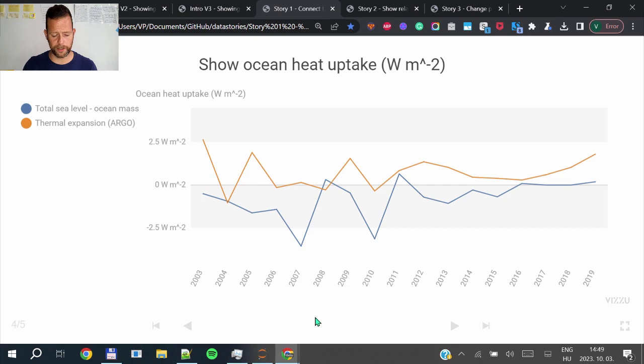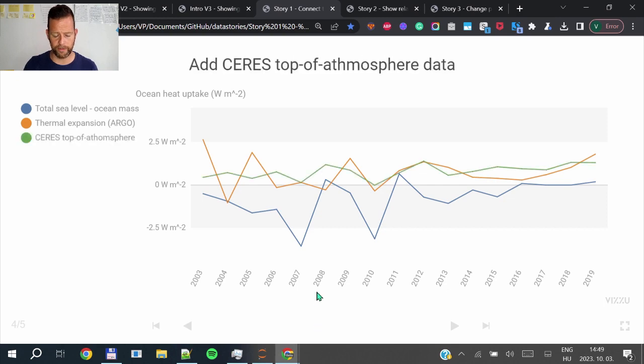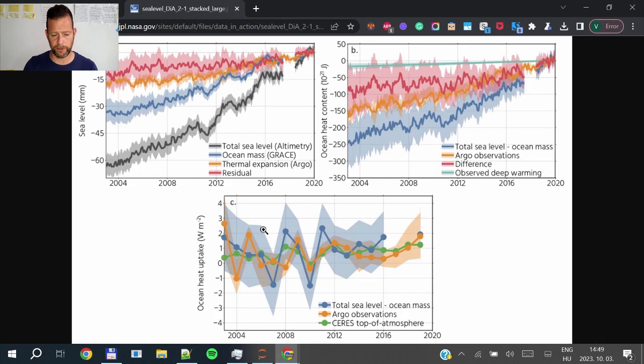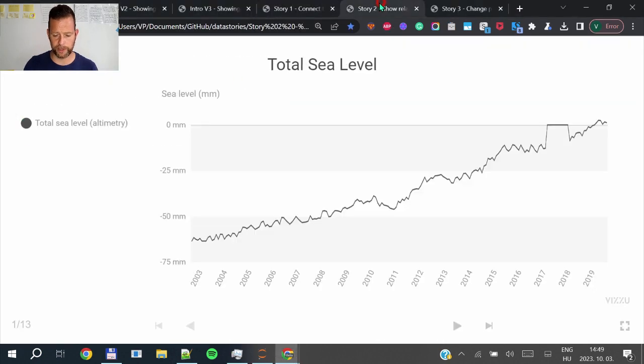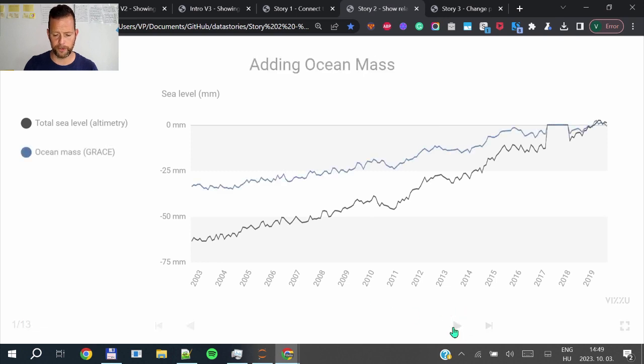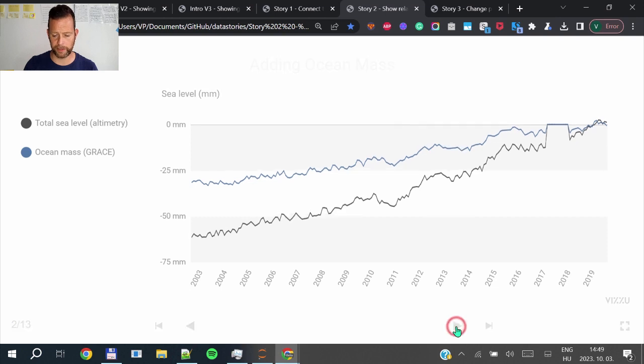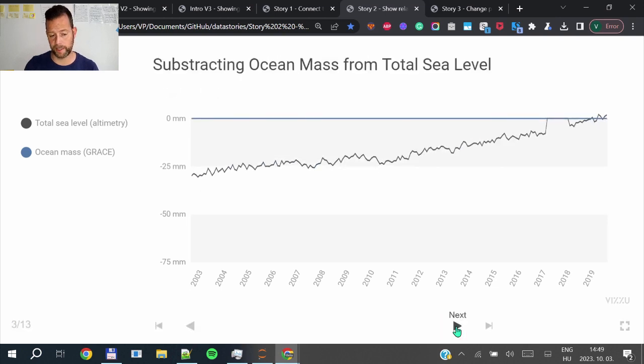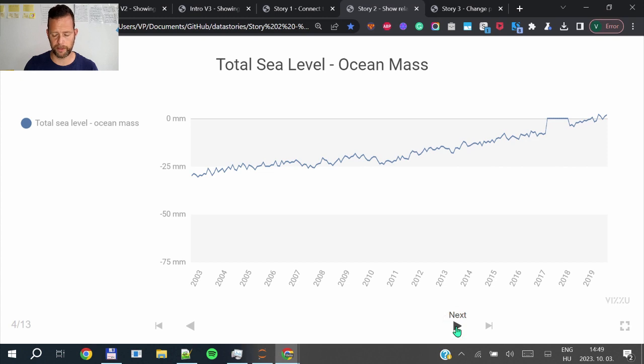And also, you might want to tell the story of the relationship between these components, because actually the total sea level is the residual plus the ocean mass plus the thermal expansion. And you can tell a story of this: you show the total sea level first and show the ocean mass as the second component, then simply subtract the ocean mass from this total sea level, which will be the total sea level minus the ocean mass, which we showed in the previous story.